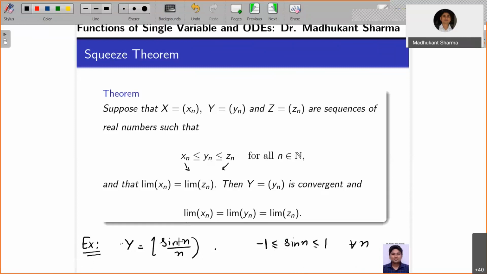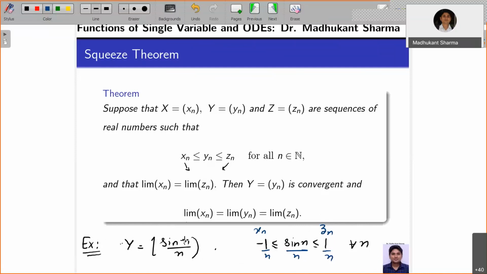So n is a natural number, so it's positive. I will just divide both sides by n. Now this can be treated as your xn, and this can be treated as zn. Both limits go to 0. So this result can be used to state that the limit of sin n by n also tends to 0. We only need to show that the limit of zn is 0. Instead of sin n, suppose cos n is there; that example you can also take.